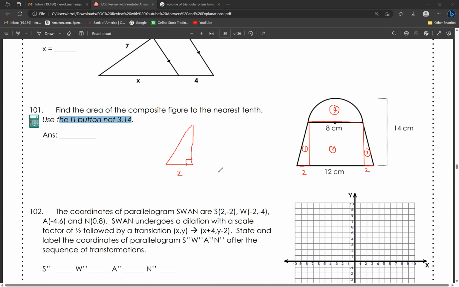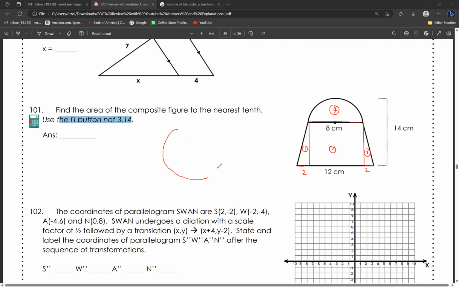What else do we know? Do we know the hypotenuse? No. Do we know the height? Okay, let's come back to that. Let's just work on the semicircle.